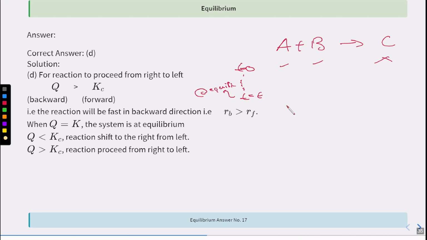At that point, we have A, we have B, we have C, and they are not moving in a forward or backward direction, because forward and backward rates are equal. That is a simple definition of equilibrium. At equilibrium, forward and backward are equal. Makes sense?